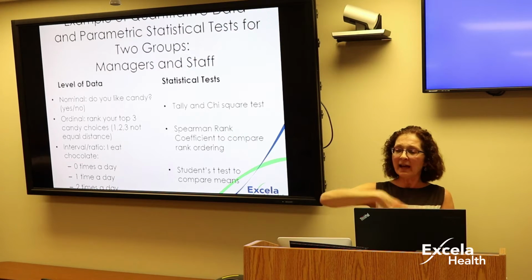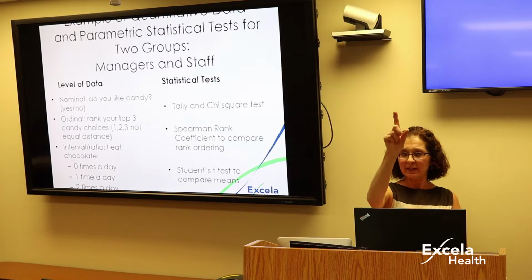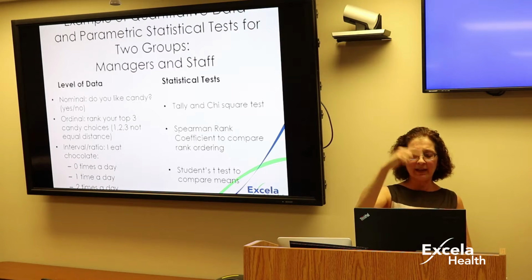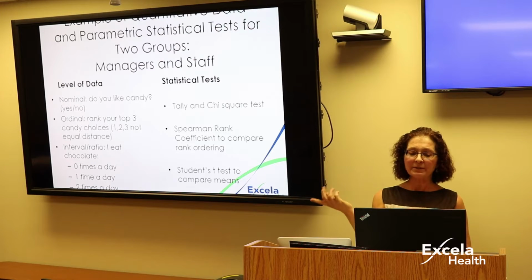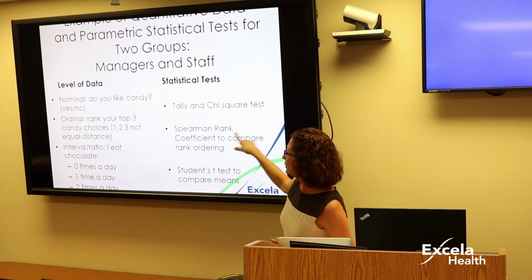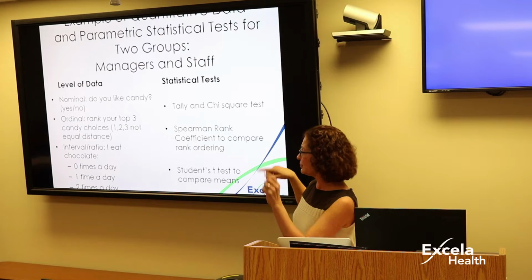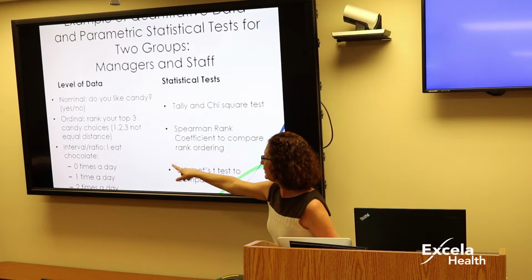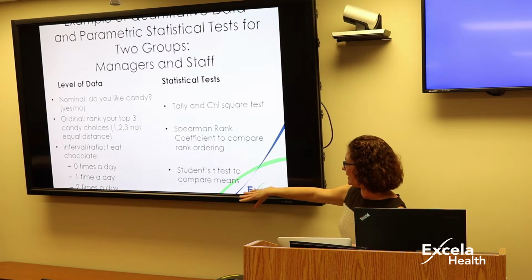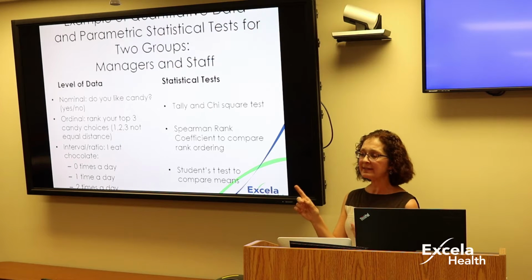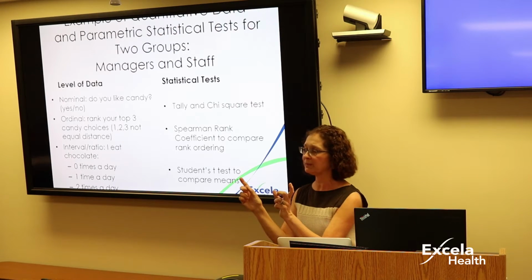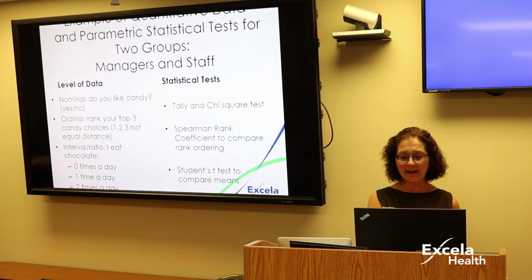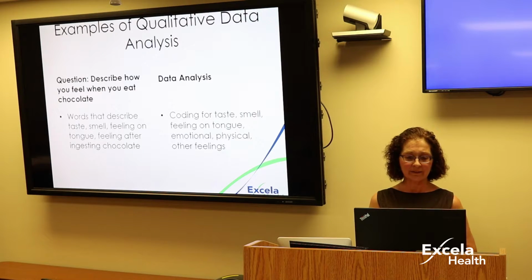Yes or no? Now you might be able to do a chi-square, because you would have your manager or your staff, and then it would be the yes or no. Spearman rank, you would do for your ordinal level data, because now you have 2 groups to compare. And then for your interval ratio level data, i.e. chocolate, you would do the student's t-test to compare the means between the 2 groups. So it's kind of fun to have 2 groups, I think.